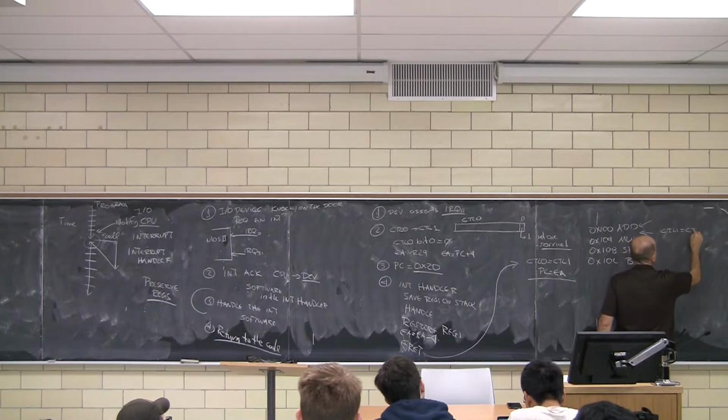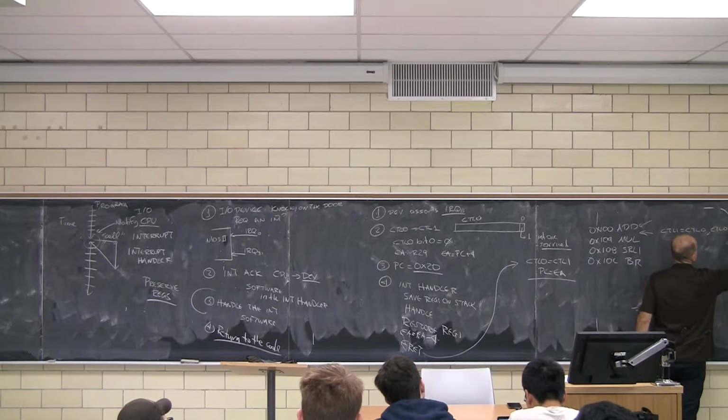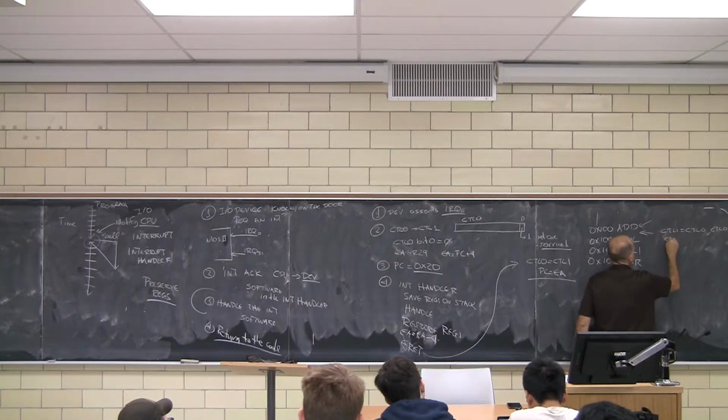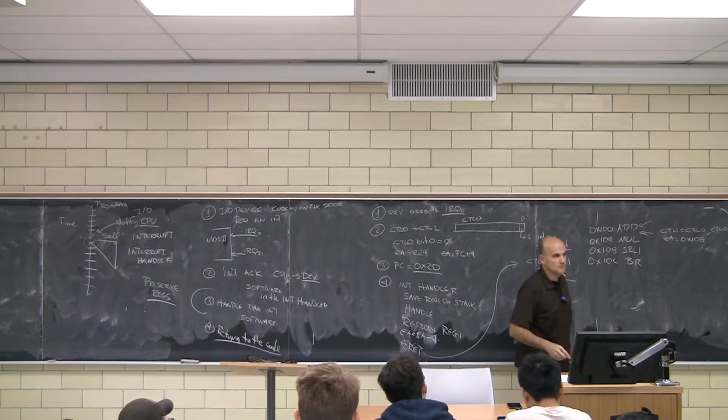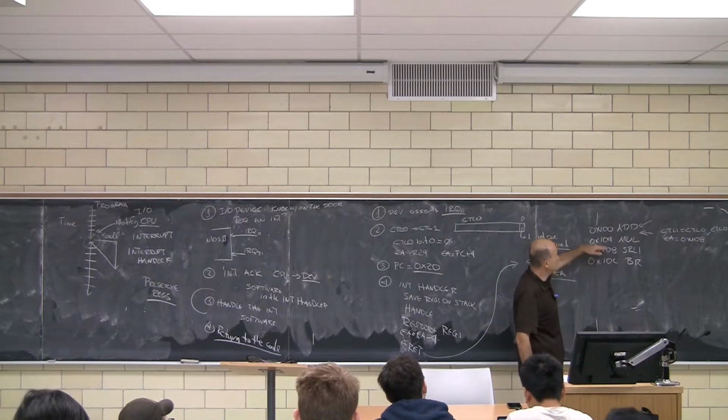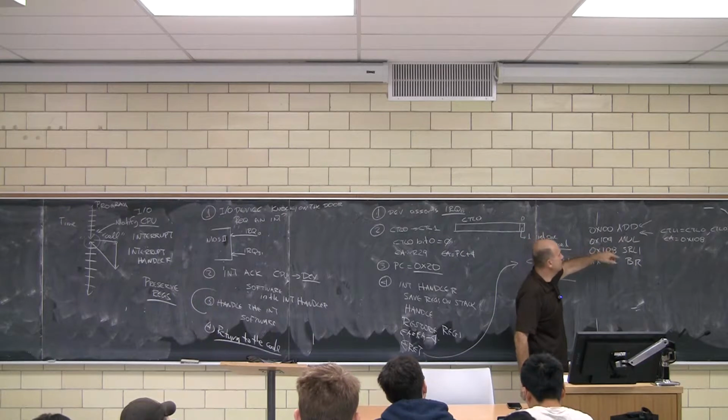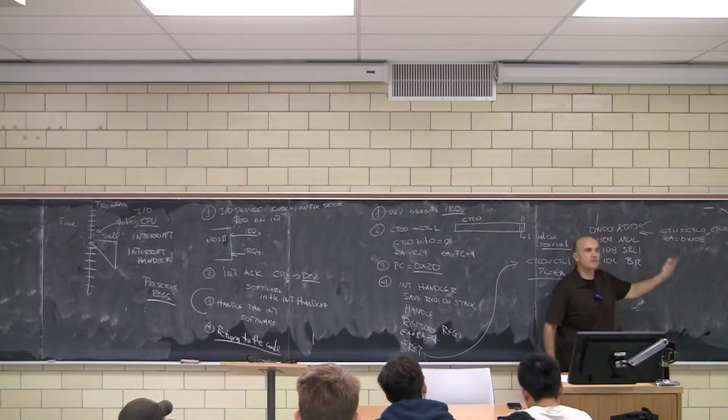CTL1 equals CTL0. CTL0 bit 0 equals 0. And then EA equals PC plus 4. Notice that I should have executed 104. However, the value I will get in EA is not 104, it's 108.